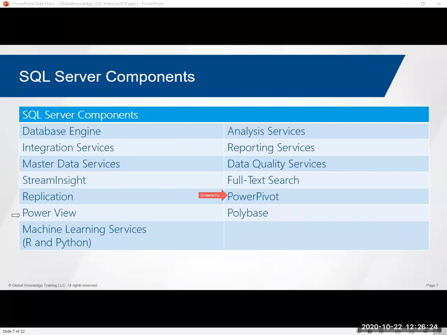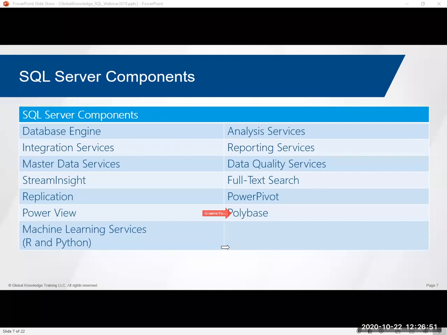We have Power View and Polybase. Polybase in this particular case is the ability to configure connectivity between your server and NoSQL databases like Hadoop. You can then submit a query to the SQL Server in a language that looks very, very similar to Transact SQL.